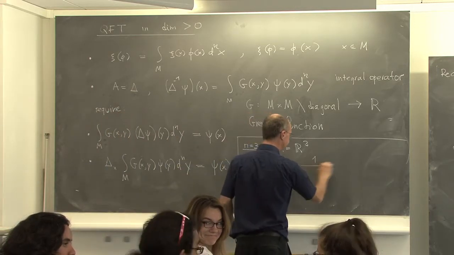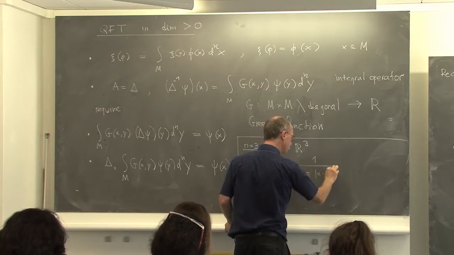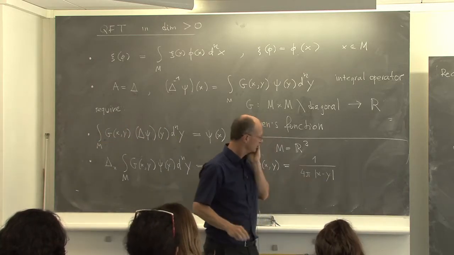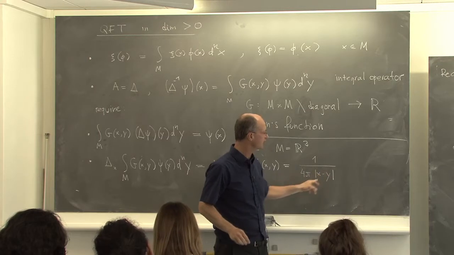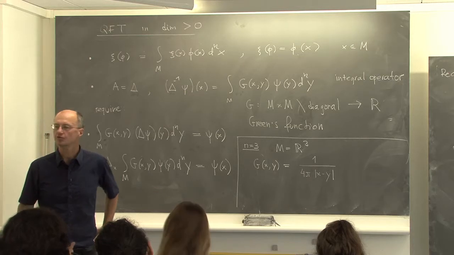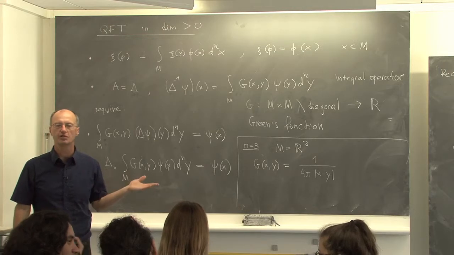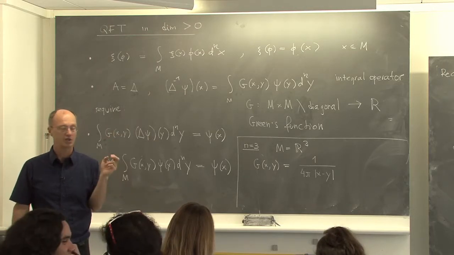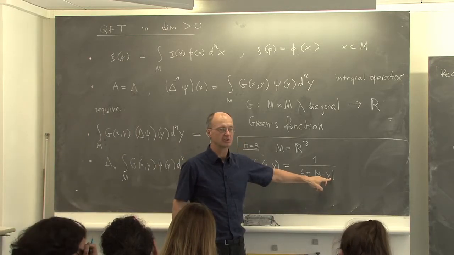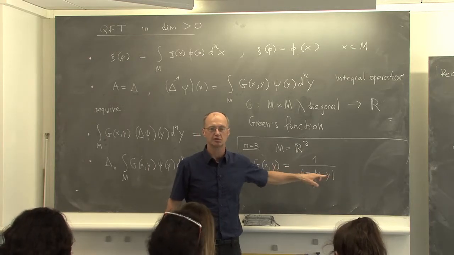So it's 1/(4 pi) times the Euclidean norm, or Euclidean distance, between the points x and y, right? I think you've seen it at high school and other places. You take, for instance, an electric charge located at y, and you want to evaluate the potential at the point x.